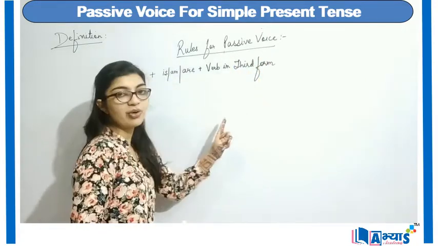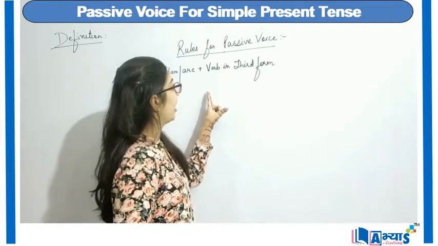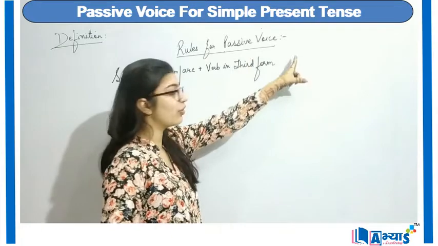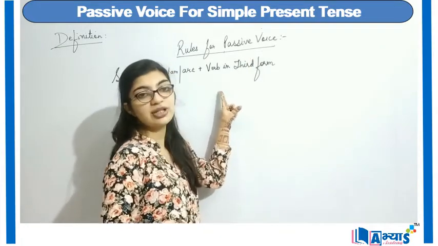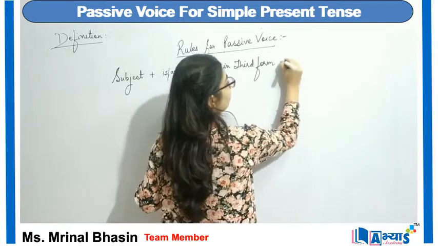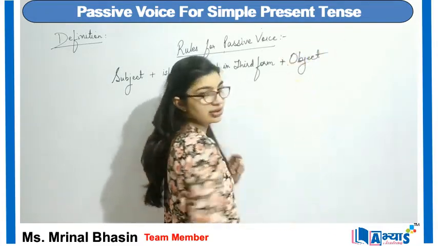For active voice, the verb should be in a simple present form, but for finding the sentence in passive voice, we have to also make sure that the verb is in the third form, and the last again should be followed by the object.